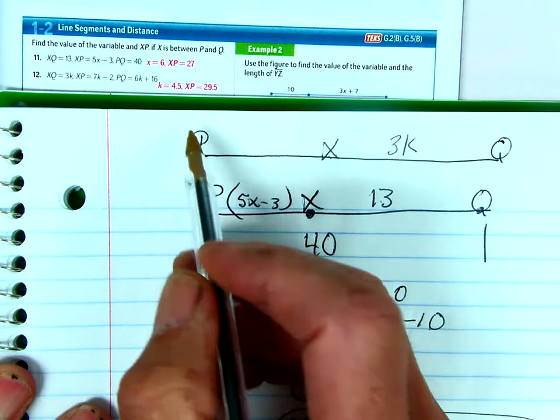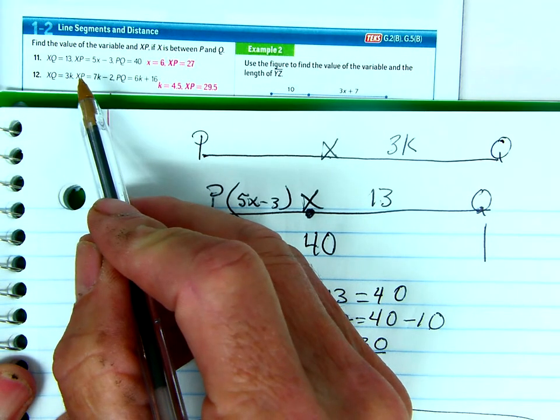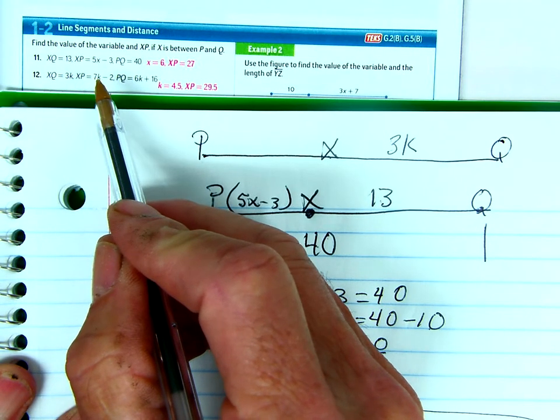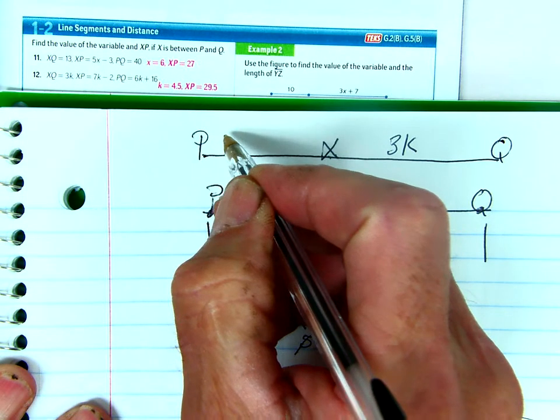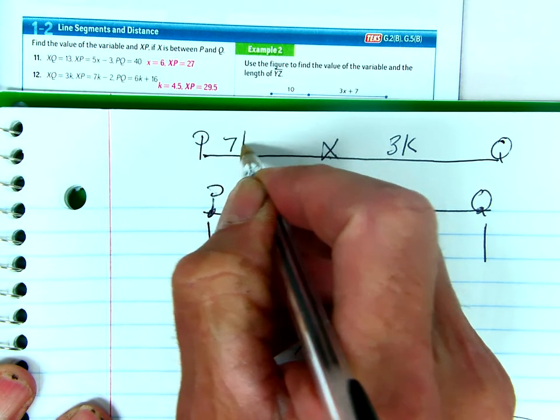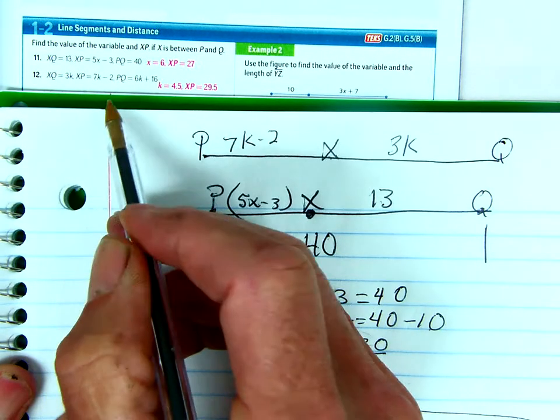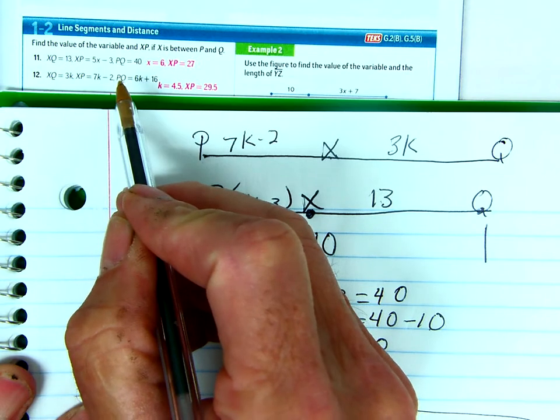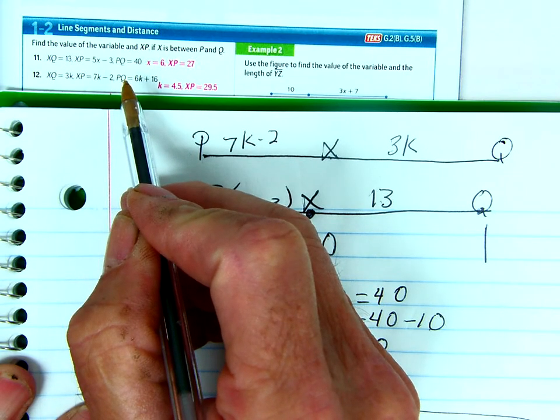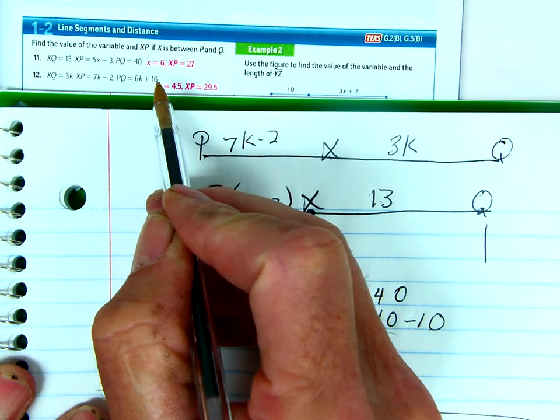From x to p is 7k minus 2. And from p to q, the whole thing, is 6k plus 16.